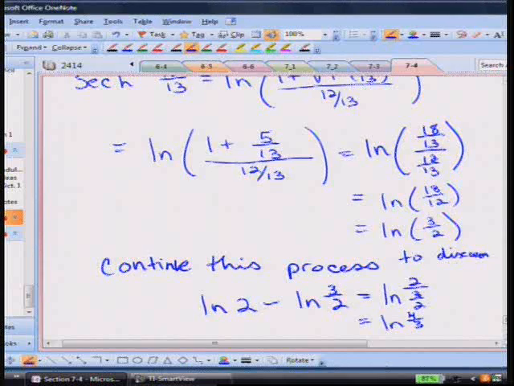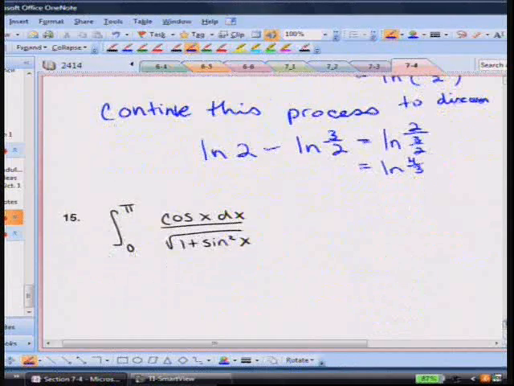Or you could just type it in your calculator and be done with it. All right. This one, number 15, is kind of fun. And this is the last one, which is why it's fun. Does anybody have an idea on the u-sub that we should do there? Oh, this lesson's long today. How about u equals the sine of x?